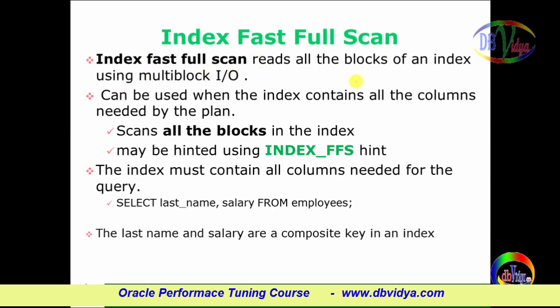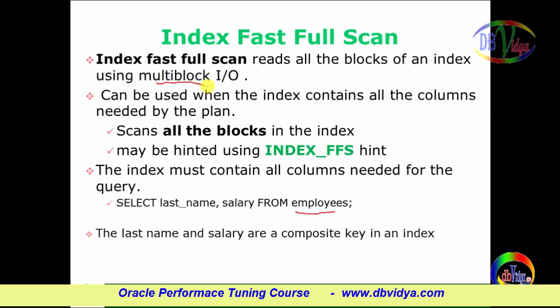Here, all the blocks of the entire index tree are read, but using the multi-block read count, to make it even faster. Suppose I have an index on last name and salary. So no need of going to the table. All the information is present in the tree. But assume this table is very big, like in a warehousing environment. If I want to make index full scan even faster, it uses DB_FILE_MULTIBLOCK_READ_COUNT, which I mentioned, right?